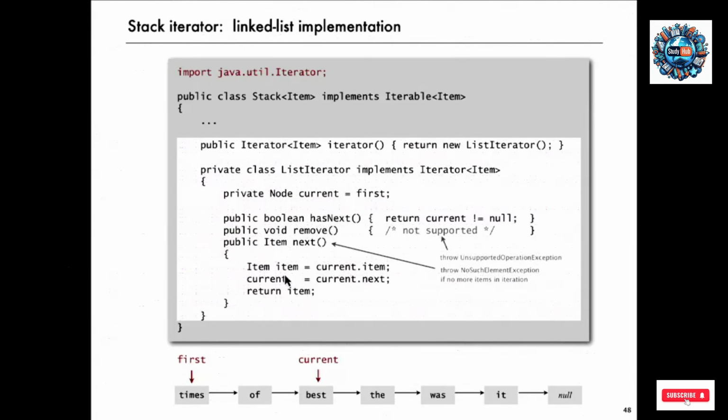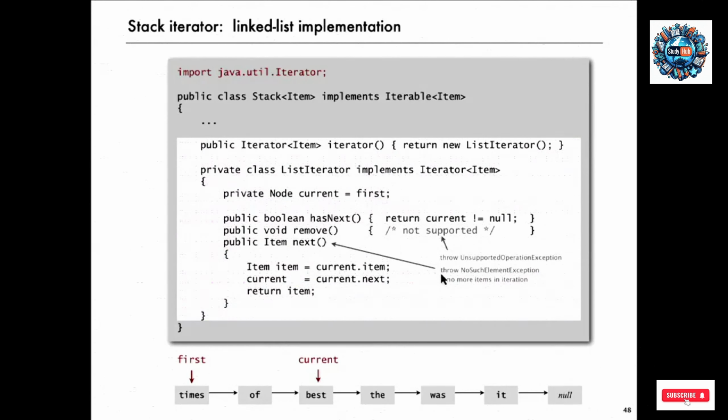The client is always going to be testing hasNext, as I showed in that stub code before, and so when it gets to null, it'll return false, and the iteration will stop. But for our iteration, we just have to worry about implementing next and hasNext, and perhaps using a local instance variable to get it done.